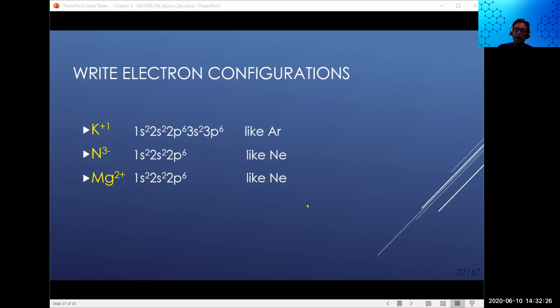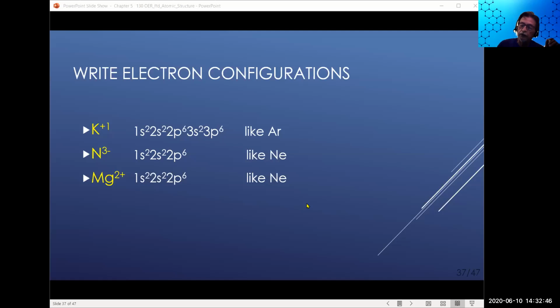So by becoming ions, either positive or negative, they have an electron configuration like a noble gas. Now, it's important: I didn't say that the magnesium ion became neon, right? All I said was the electron configuration is like neon.